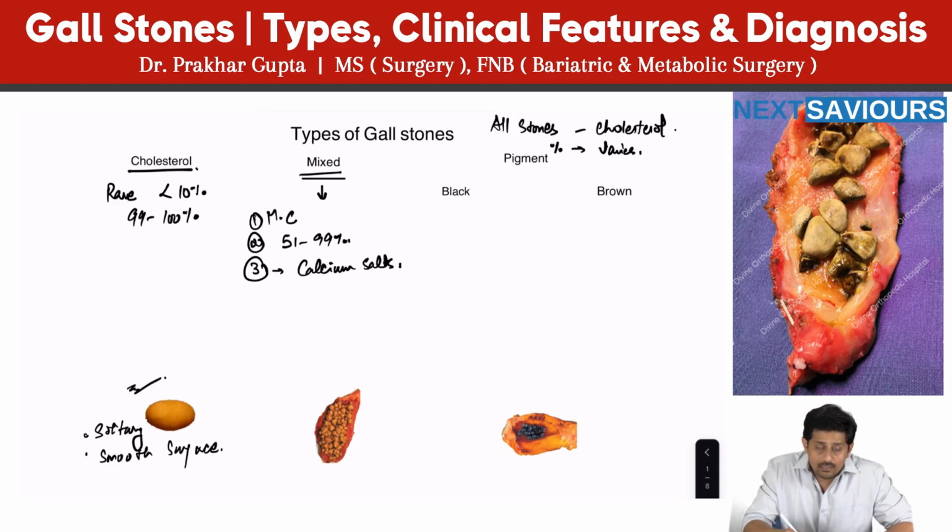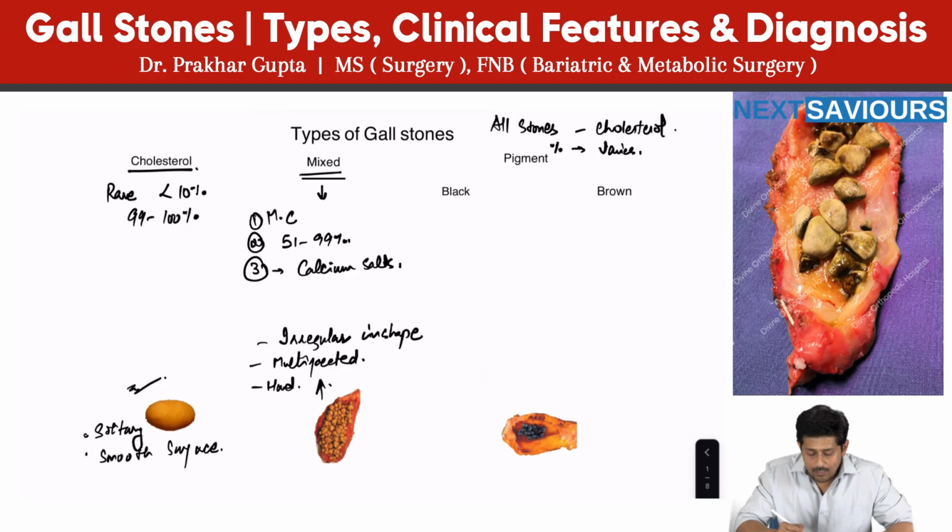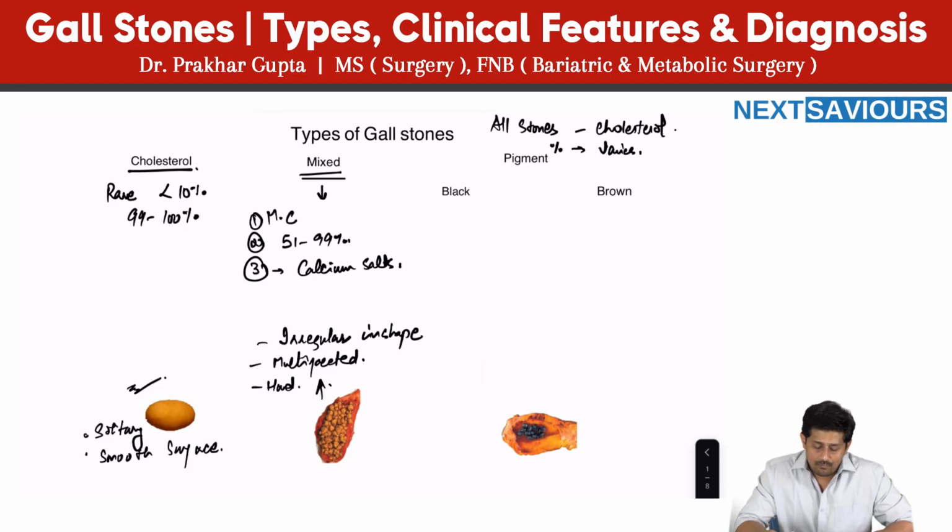Now, as you can see in the picture over here, these stones are usually irregular in shape. They are multifaceted. Okay, and they may be hard depending on the amount of calcium salts in these stones.